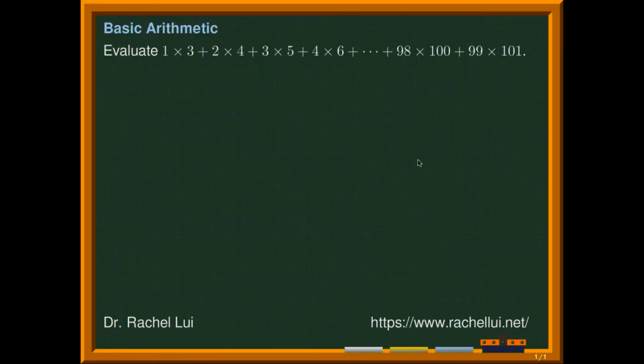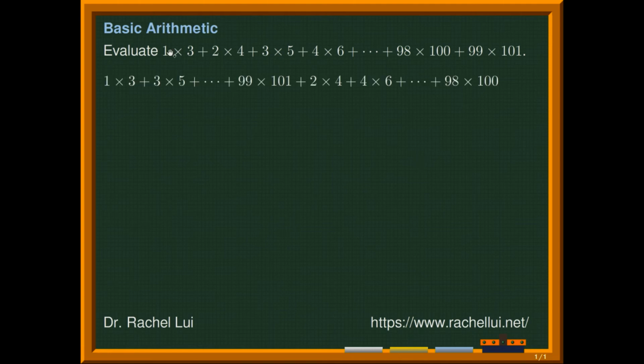We are asked to evaluate 1 times 3 plus 2 times 4 plus 3 times 5 plus 4 times 6 and so on, plus 98 times 100 plus 99 times 101. The first thing that I'm going to do is split these expressions into two.